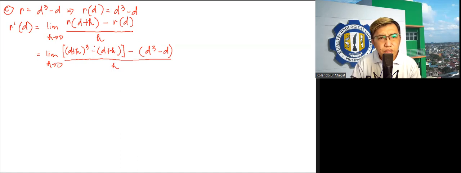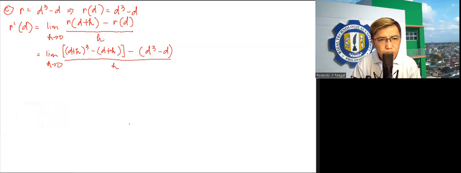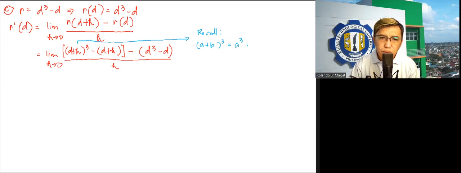Then let's recall how to expand a binomial to the third power. So let's recall that if we have (a plus b) cubed, then we have a cubed plus 3a squared b plus 3ab squared plus b cubed.